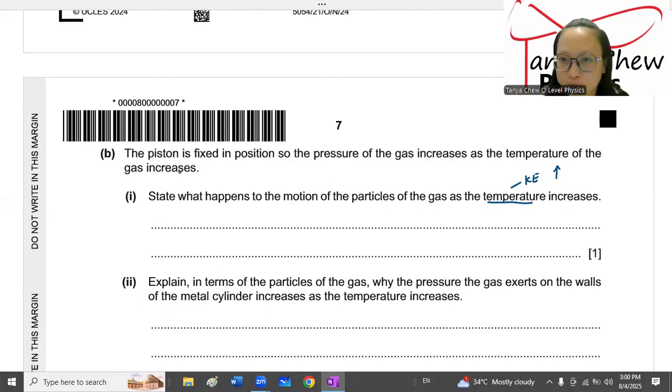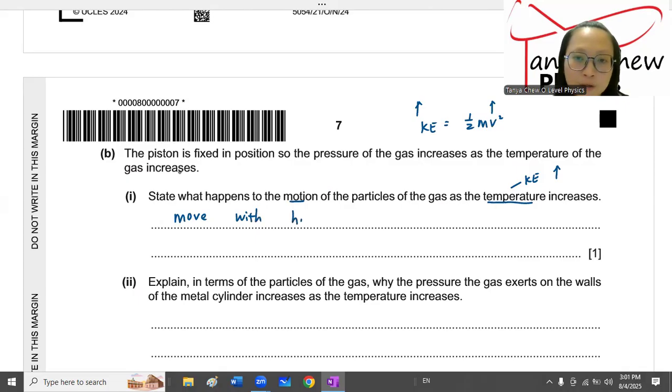So you go back to the equation of the kinetic energy, which is half mv squared. The mass of the particles would not increase, but the increment in the kinetic energy will also increase the speed of the gas particles. So when they ask about the motion, you need to tell us that the particles move with higher speed, or the speed of the particle increases. Not a problem, right?